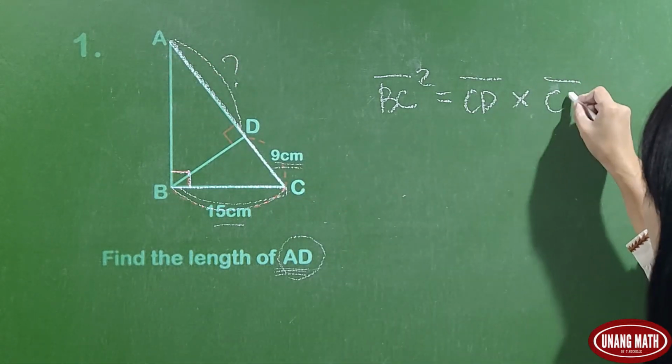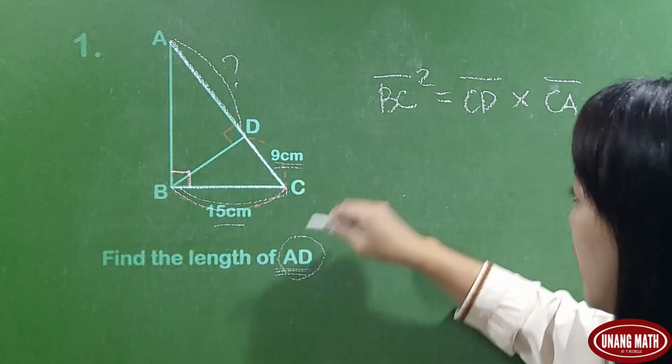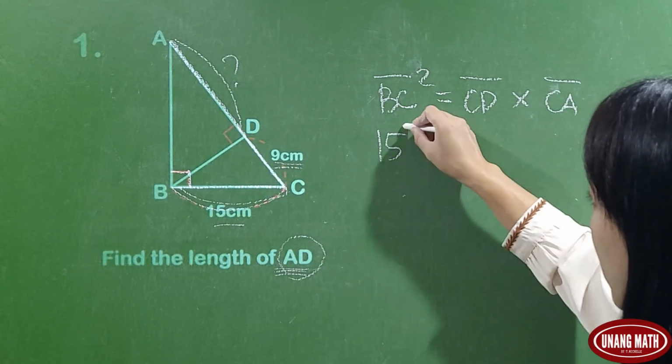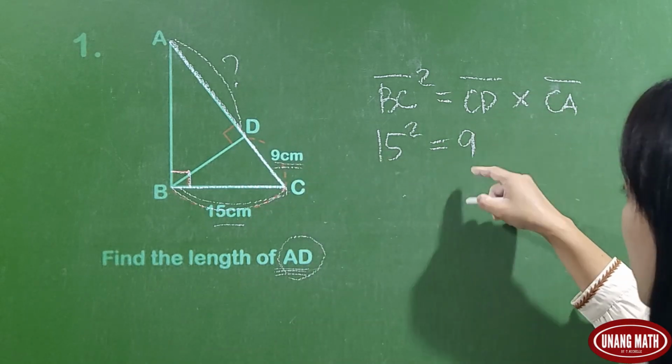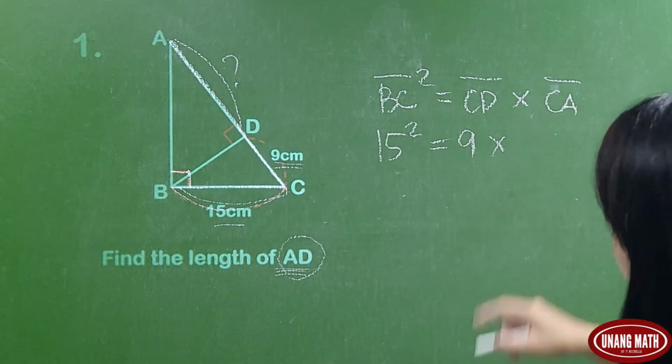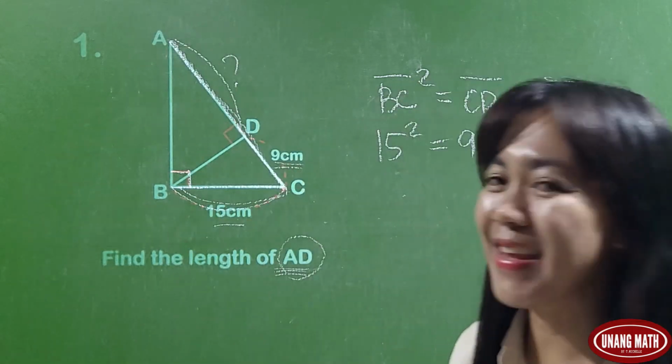Substitute: segment BC is 15 centimeters, so we have 15 squared is equal to CD, which is 9 centimeters, times the length of segment CA.